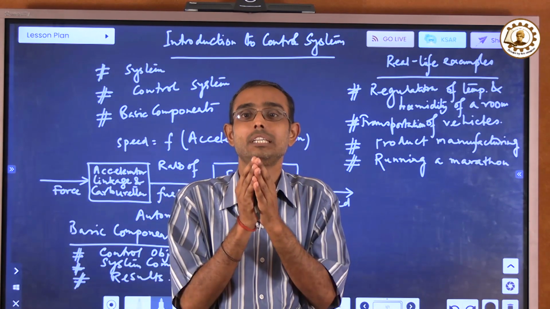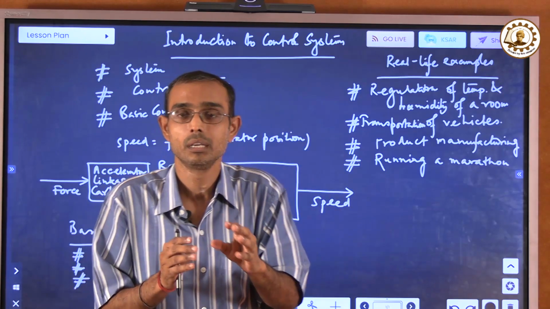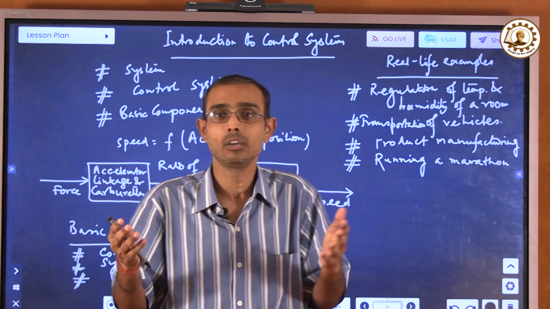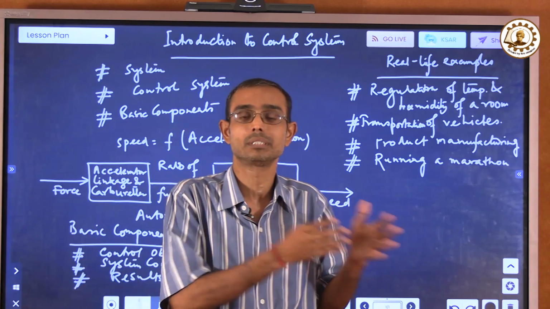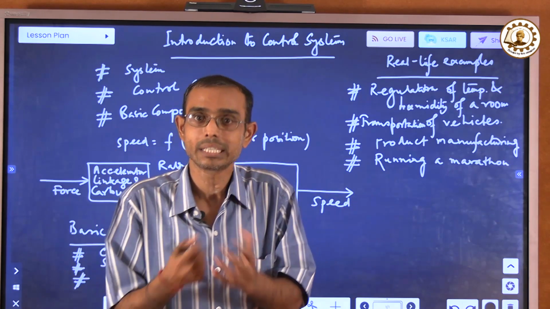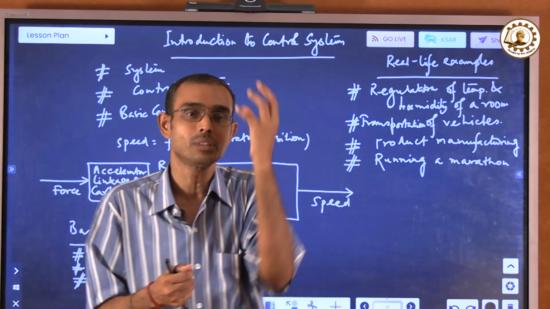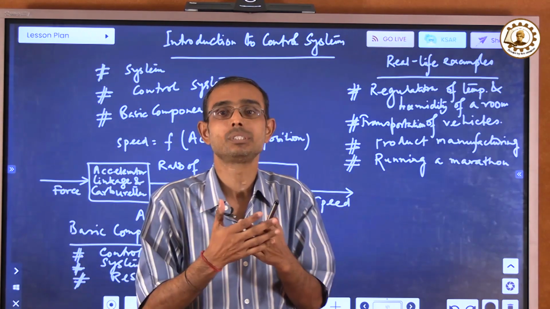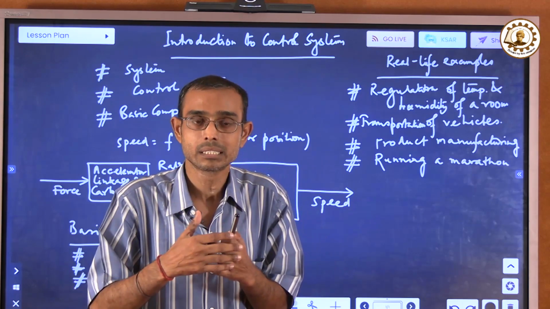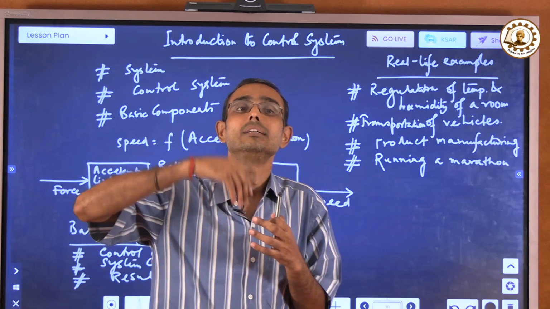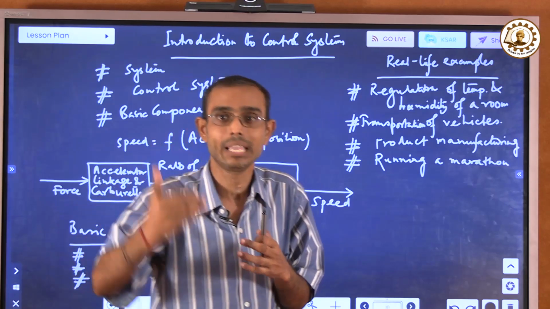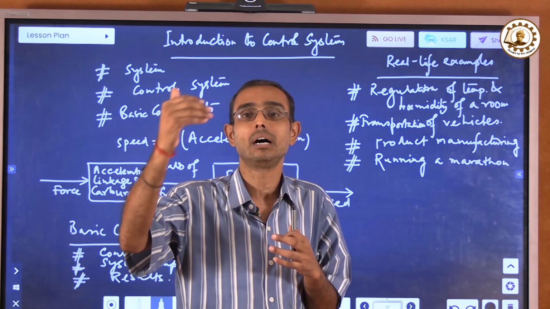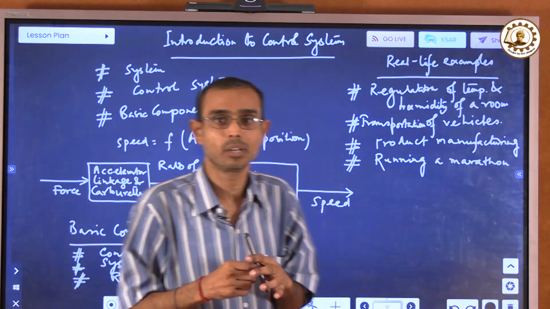We can fulfill that objective by applying some controlling principle in the system of maintaining the two parameters of the room, one is temperature and another is humidity. So from this example you can understand that both the term control and the term system are associated with each other. We are controlling in some way the temperature and humidity, which are the two parameters of a system. So it is a real life example of control system.